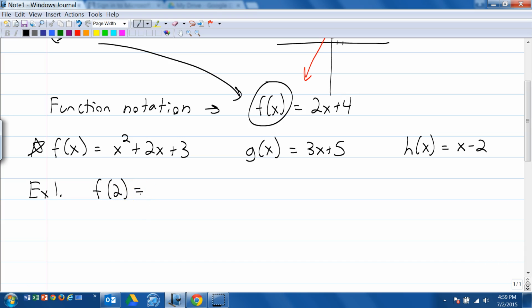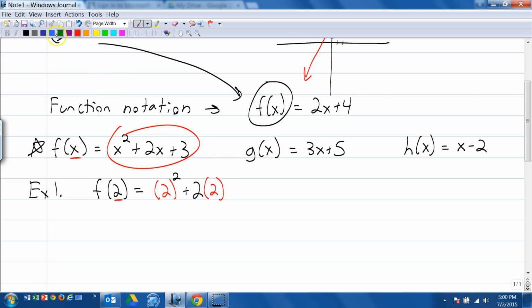That does not mean it's f times 2. It does not mean I'm multiplying this by 2. It means that instead of the x, I am now putting a 2. That is my input value. So everywhere you see an x in this equation up here, we're going to put a 2. Notice everything in black is not changed.